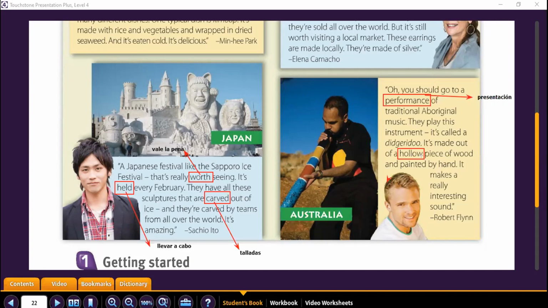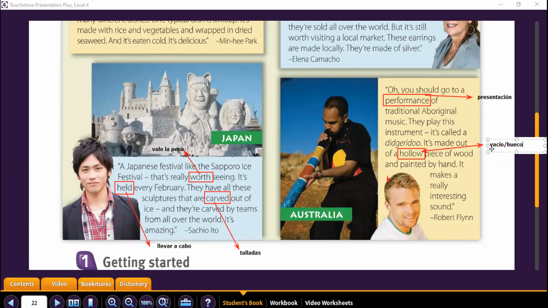Miren, it's made of a hollow piece of wood. Está hecho de un pedazo de madera vacía, ¿sí? Ese es el significado de hollow, vacío. De algo vacío, de algo que tiene un hueco dentro, ¿no?